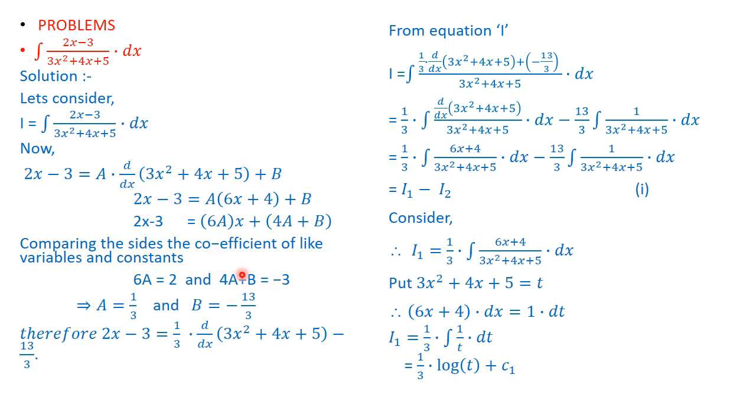Therefore, a is equal to 2 by 6, that is 1 by 3, and b is equal to, substituting the value of a as 1 by 3, 4 by 3 plus b is minus 3. Changing sides, plus becomes minus: b is minus 3 minus 4 by 3. 3 threes are 9, plus 4 is 13, with common denominator 3, that is minus 13 by 3. Hence b is equal to minus 13 by 3.